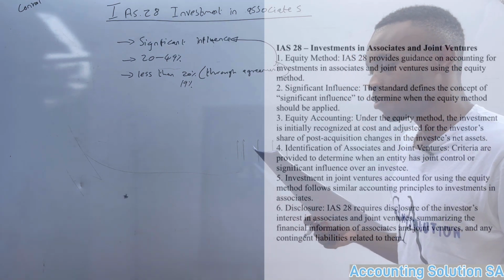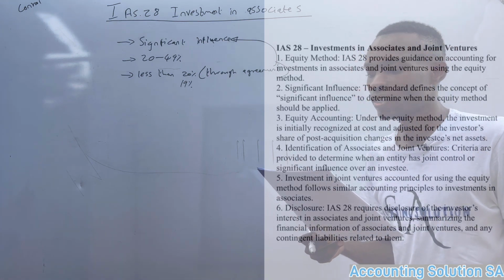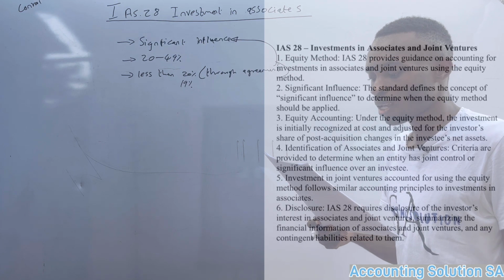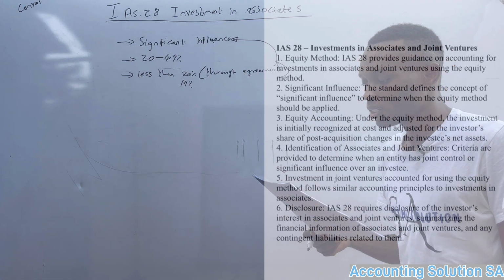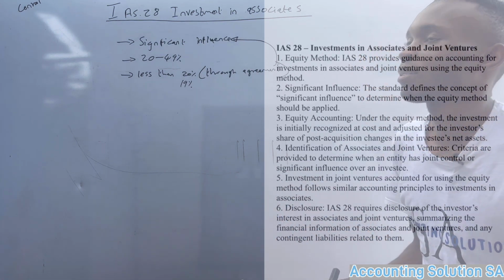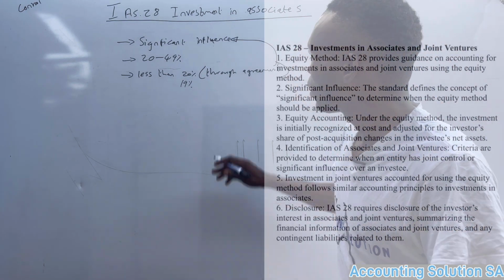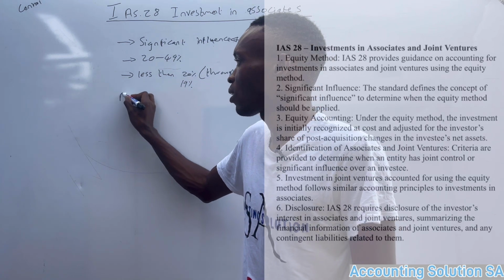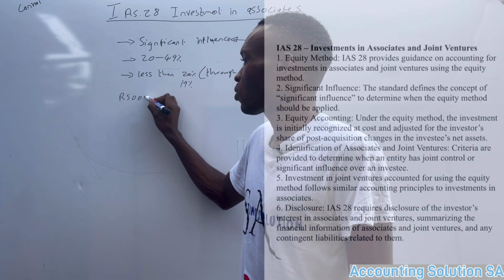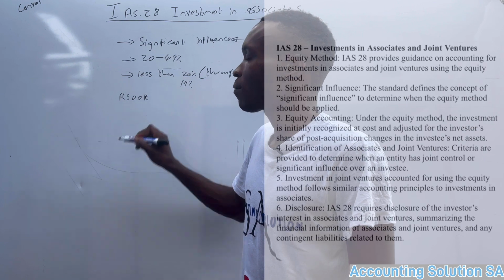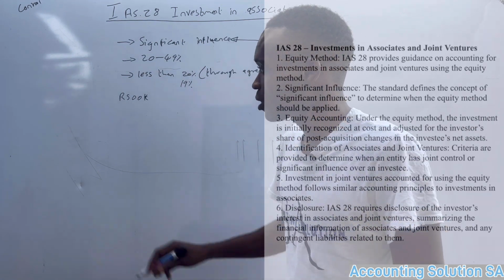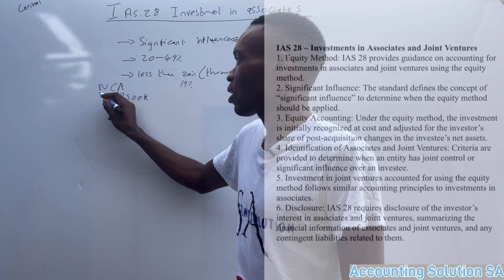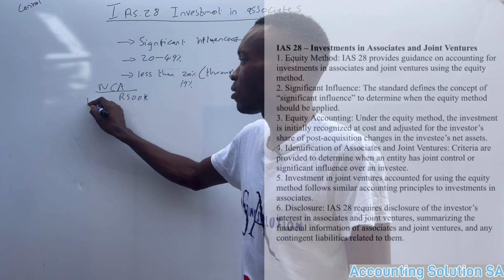Equity accounting. Under the equity method, the investment is initially recognized at cost and adjusted for the investor's share of post-acquisition change in the investee's net assets. In other words, for the investment that we paid, for example 500,000, we are going to recognize it under non-current assets as an investment.